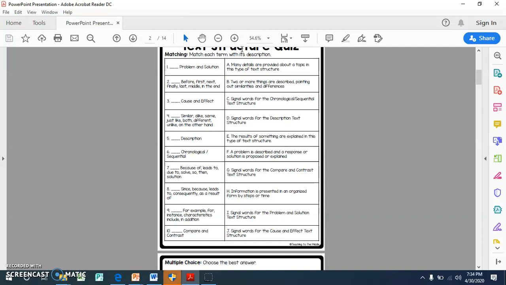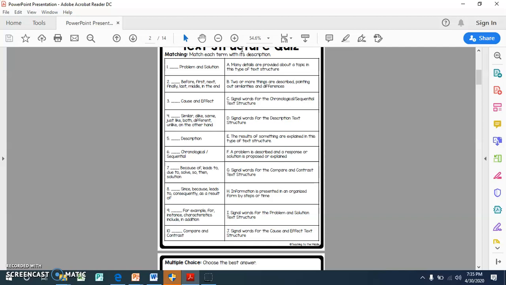Number 2, before, first, next, finally, last, middle, in the end. What describes that? Number 3, cause and effect. What option in A through J describes that? Number 4, similar, alike, same, just like, both, different, unlike, and on the other hand.